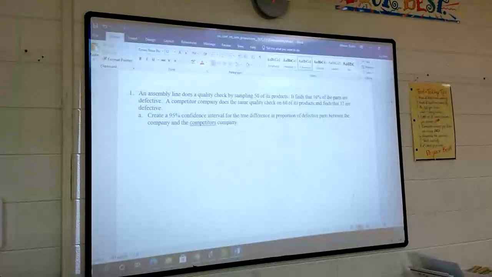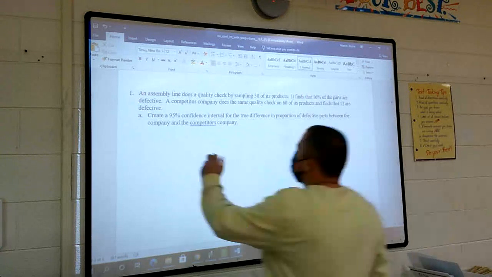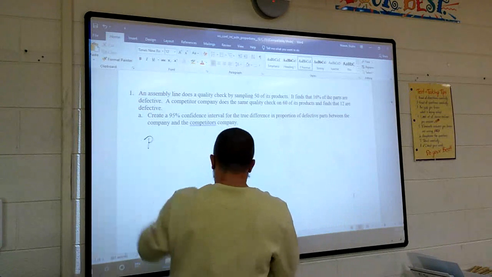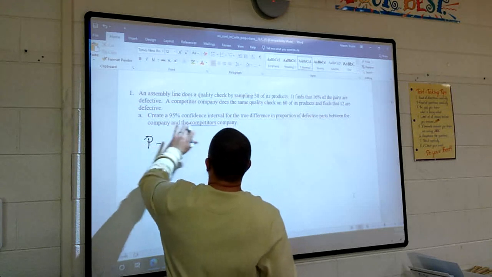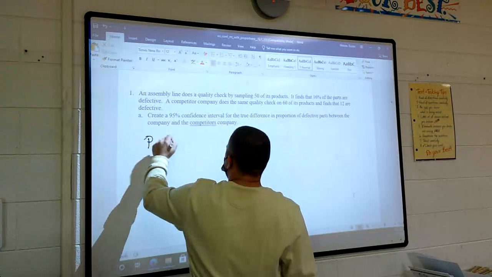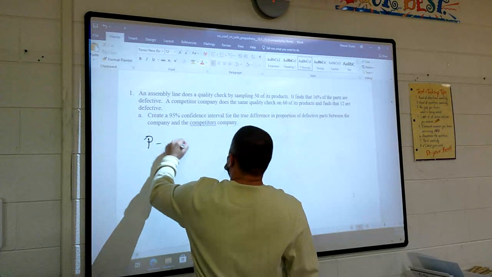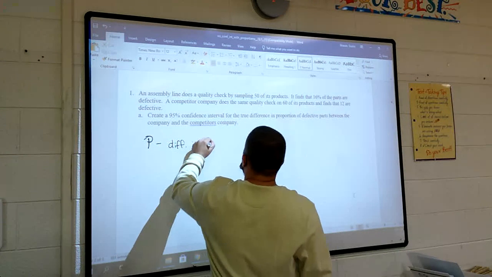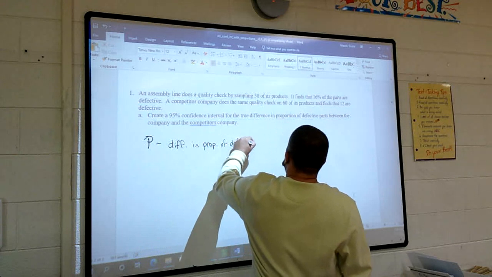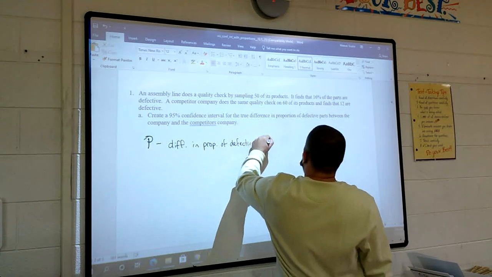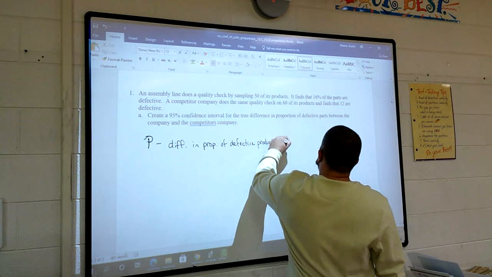So the key here, at the beginning, is what we're trying to find, and that is the parameter of interest. So we're trying to find the difference in proportions of defective products between the two companies.